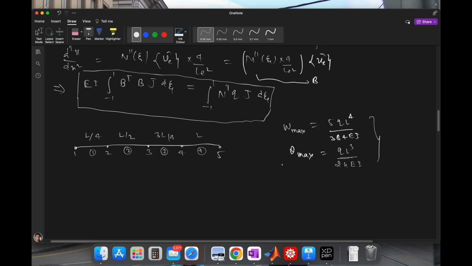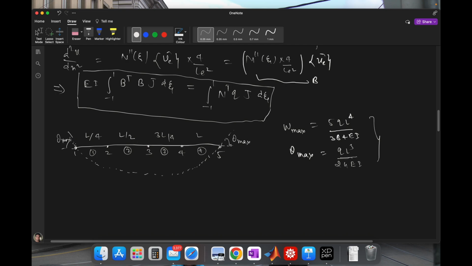We already know where the maximum slope occurs, at the end nodes, and the beam will deflect something like this. Here this one is theta max, and this one is theta max.